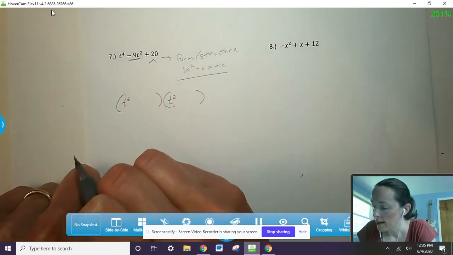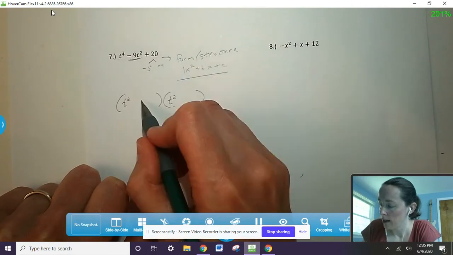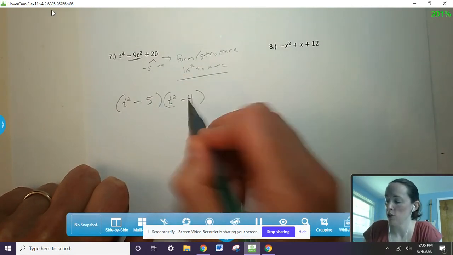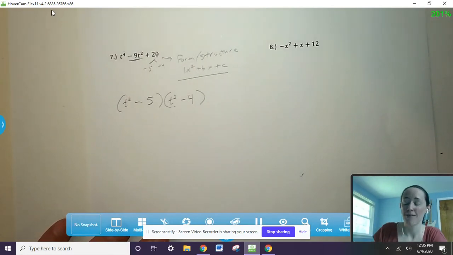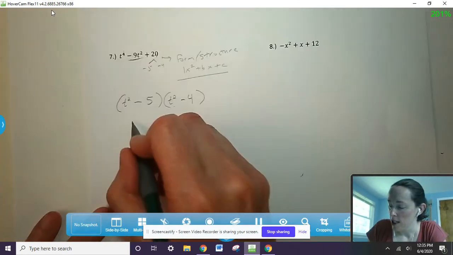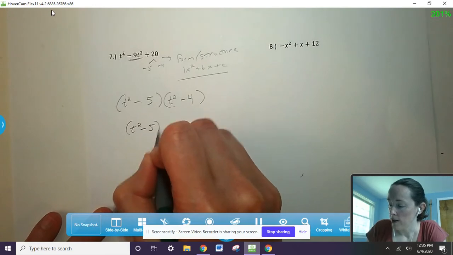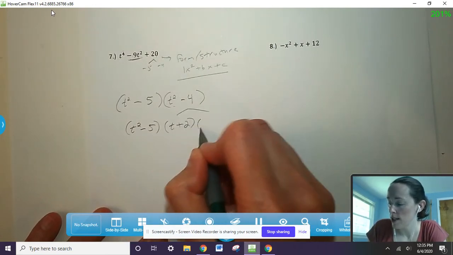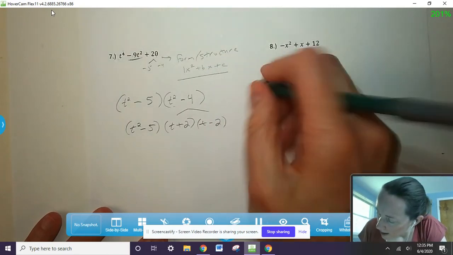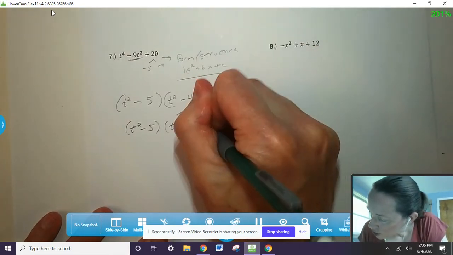So what we're looking at is -5 and -4, because that's going to multiply to 20 and add to -9. Now for this one, we're not finished because there's a difference of 2 squares here. So t squared minus 5 can't be factored, but t squared minus 4 can be factored into t plus 2, t minus 2. And that is your complete factorization.